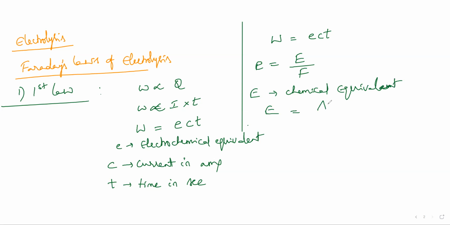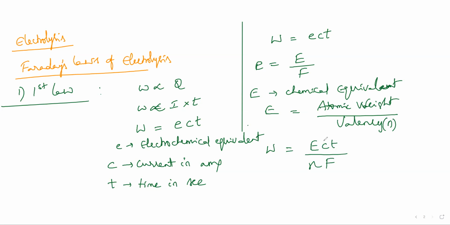That means E is equal to atomic mass by valency, that is N. So finally W becomes ECT by NF. Sorry, E is replaced with A, atomic weight by valency, isn't it? So it becomes ACT by NF. This is the first law of Faraday's laws.